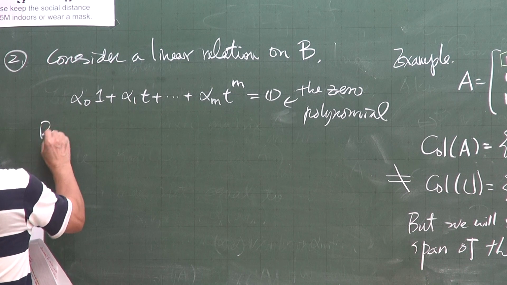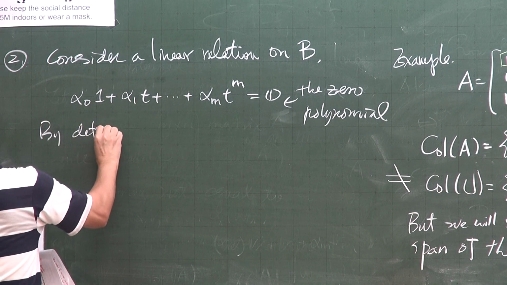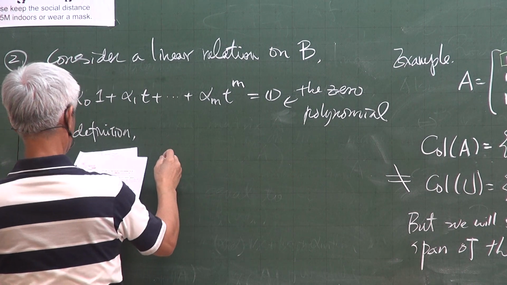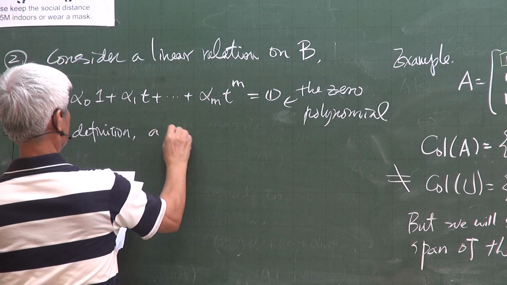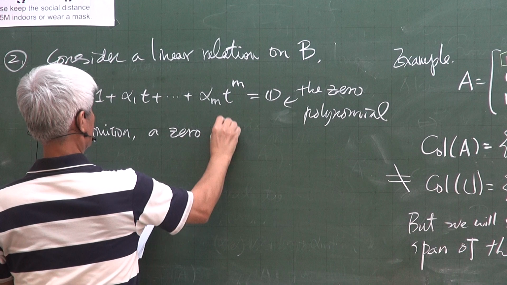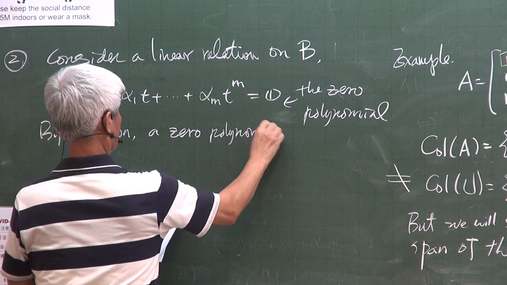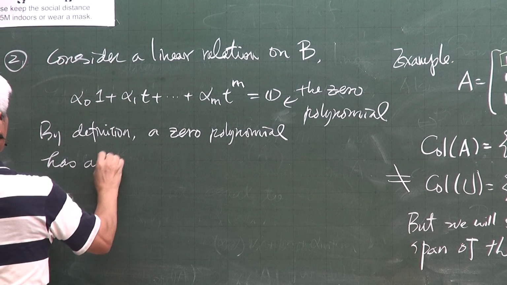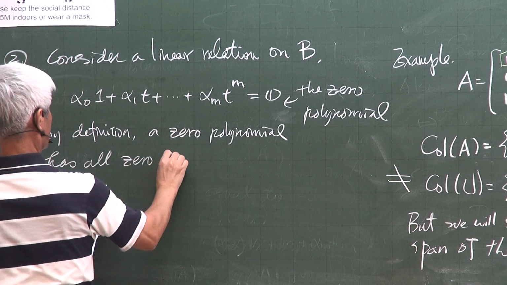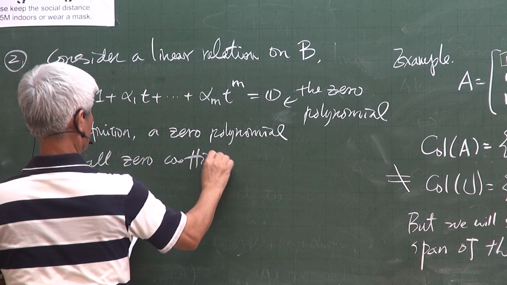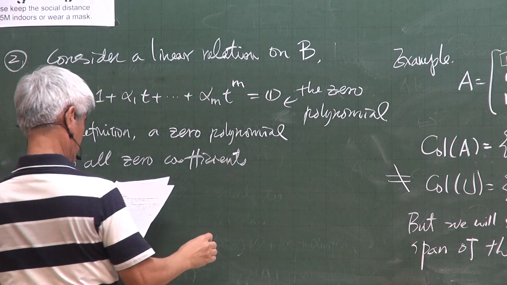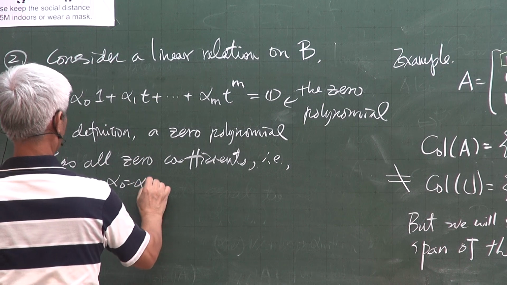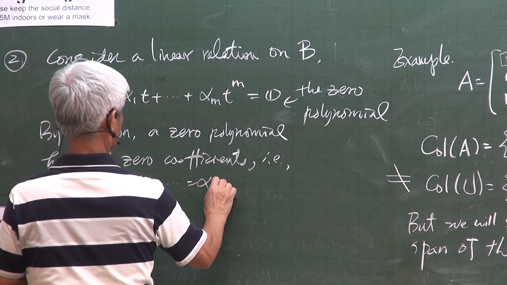Then by definition, a 0 polynomial has all 0 coefficients, i.e., alpha 0 equals alpha 1 equals ... equals alpha m equals 0.